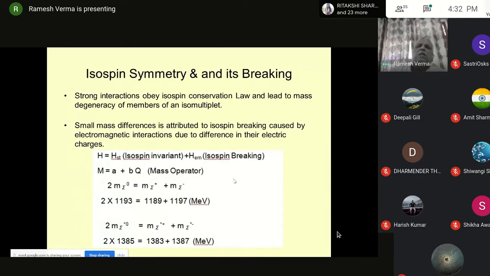We find that the mass of an isomultiplet will be expressible in terms of just two unknown constants. I can leave this as an exercise for my young friends to show that you simply write down the masses of sigma plus, sigma minus and sigma zero coming from a plus b I3. You can guess that for sigma plus it is going to be a plus b.